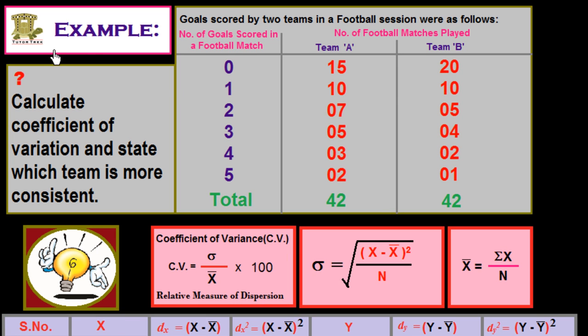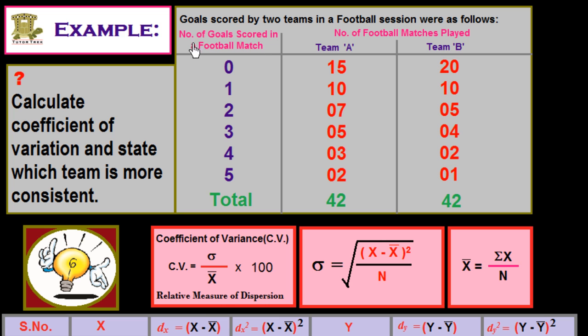Now I will explain the coefficient of variation and problems relating to variability or consistency with an example. We have goals scored by two teams in a football session as follows.